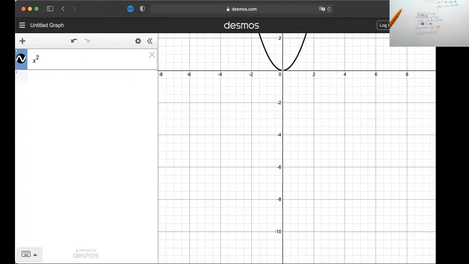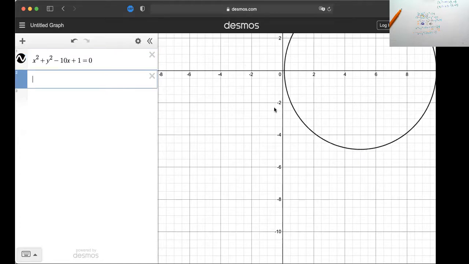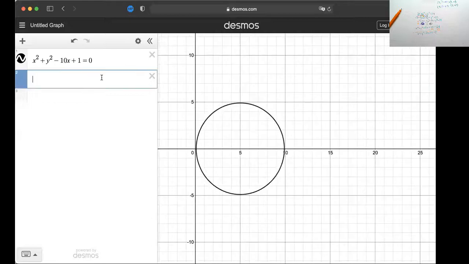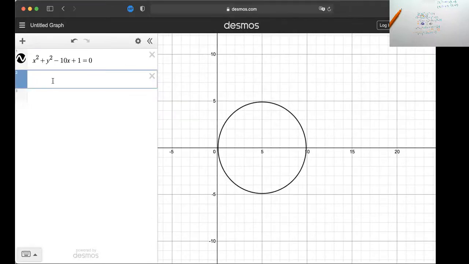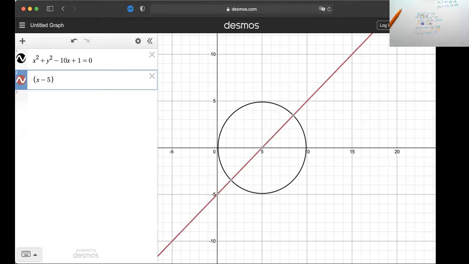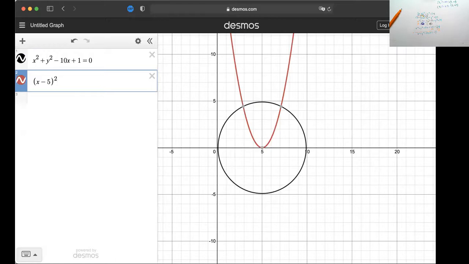And then our original was (x minus 5) squared plus y squared equals 24. So that's the same circle.